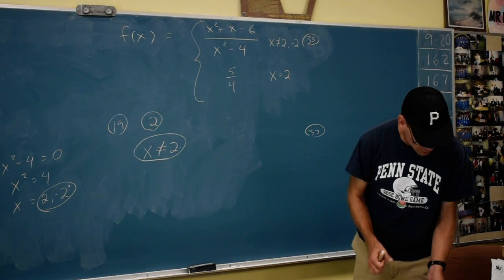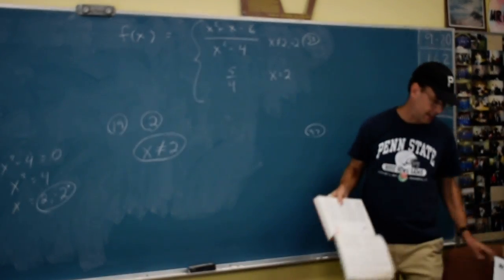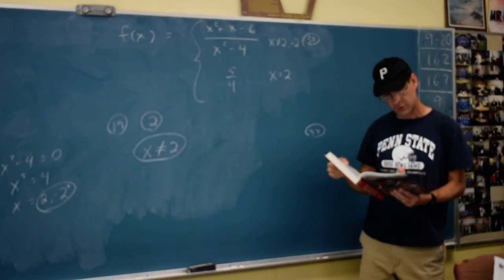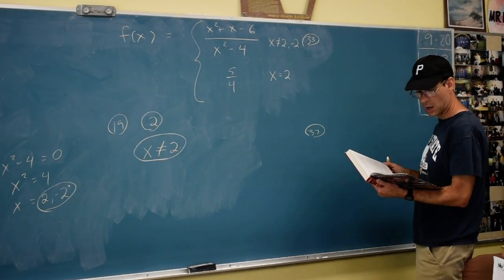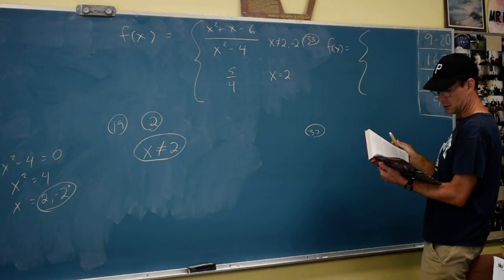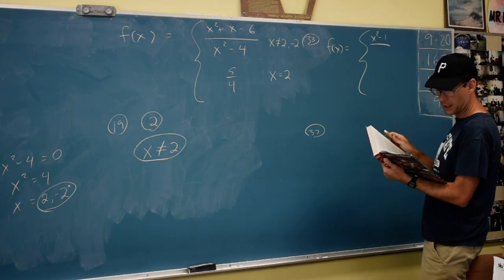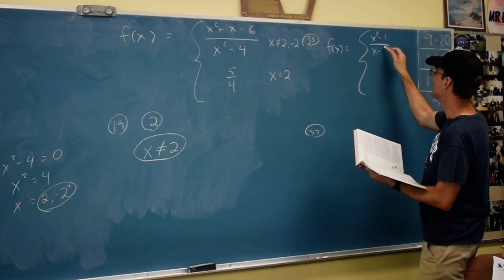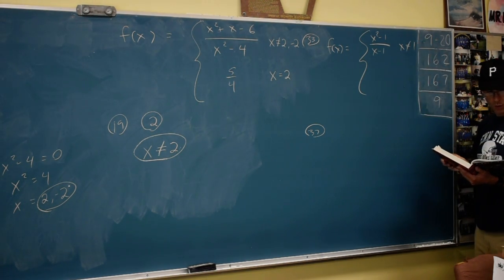Up to 33. 33, they're doing one of these extended function kind of moves, but they're spotting you most of the work. So they're saying f of x equals, squiggly bracket thing, x squared minus 1 over x minus 1. Oh, by the way, x shouldn't be allowed to equal 1.